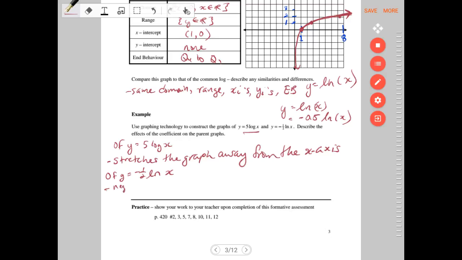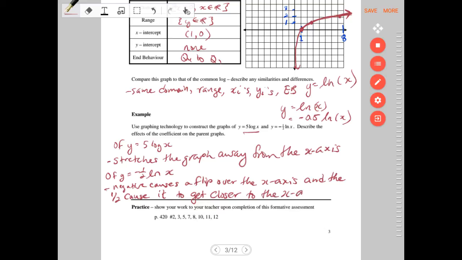Negative causes a flip over the x-axis, and the 1/2 causes it to get closer to the x-axis. Okay, great. So you get to practice all this and more on page 420. Don't forget to show your teacher when you're done.